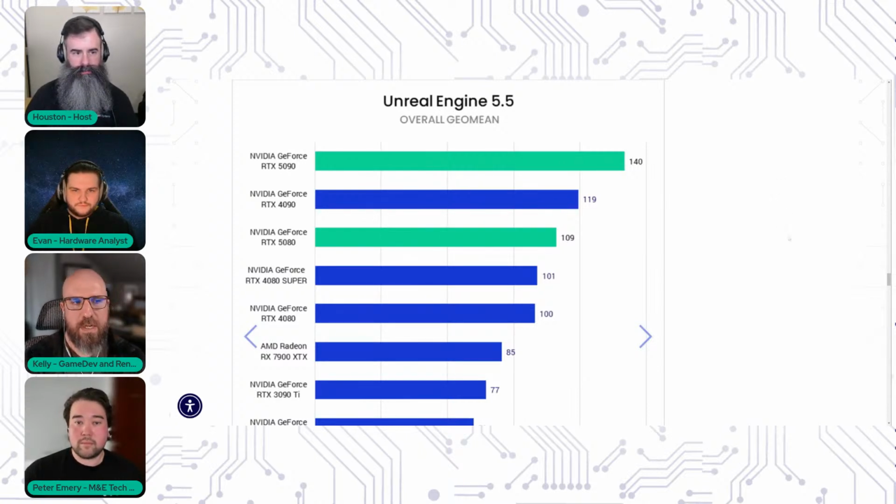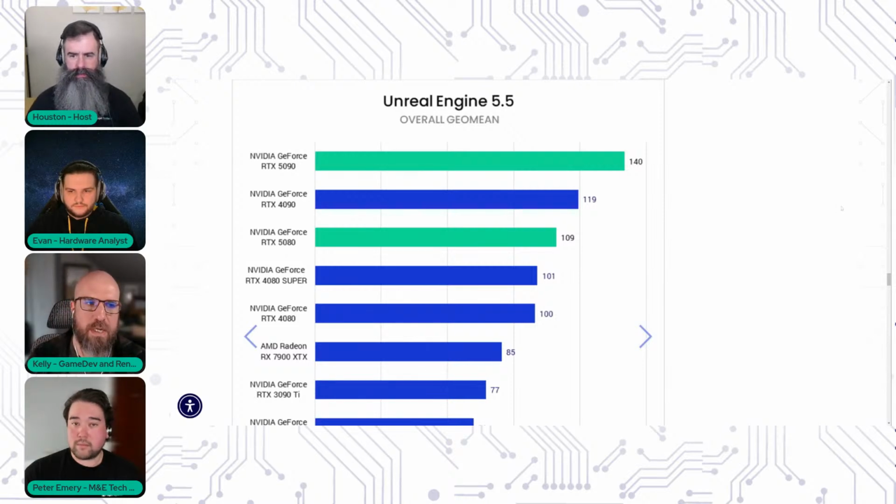Also, it's kind of an interesting benchmark for development purposes because there's not a lot of need to have a high frame rate while you're developing a game. Sure. Or it doesn't really improve your ability to make something if you're getting 140 FPS versus 100.